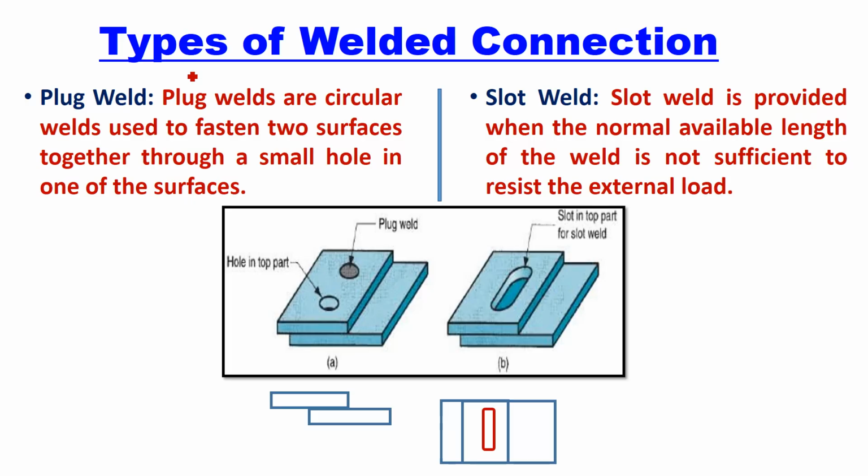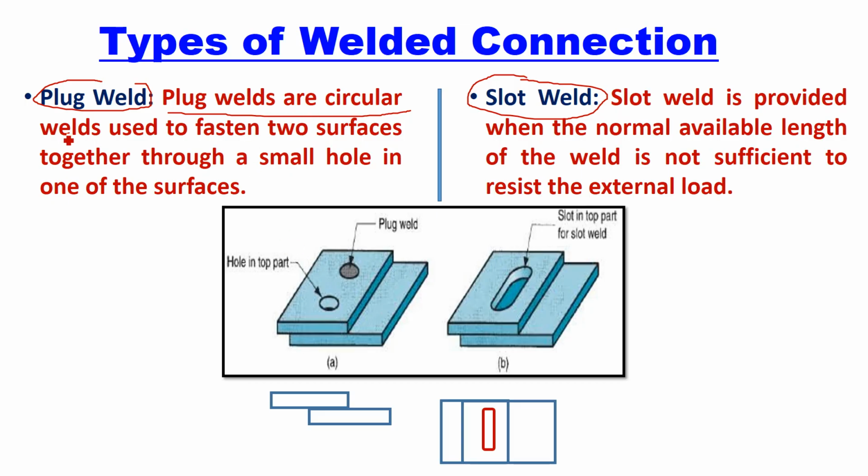The next type of welded connection is plug weld and slot weld. It is important to understand both parallelly. In plug weld, a circular hole is made on one of the plates which you want to weld.